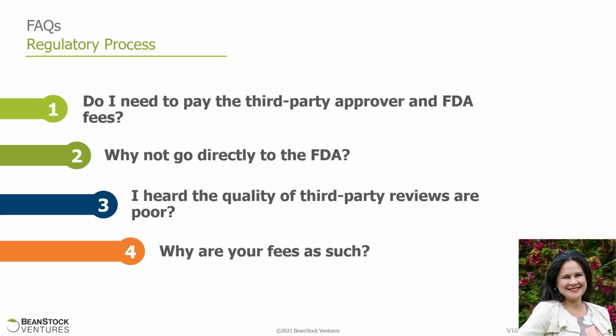Fees. So why are the fees as such? We're known to have higher fees. The reason our fees tend to be higher is because at Beanstalk Ventures, we only approve about 250 device codes, and our selection is based on complexity. We tend to do the higher complexity devices that are electromechanical with software.